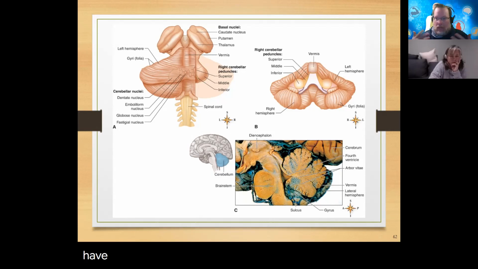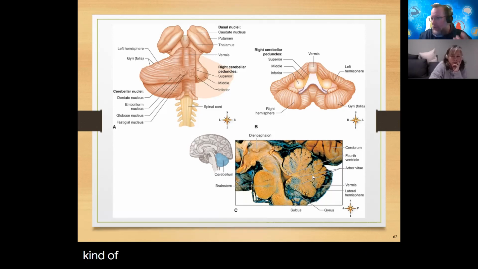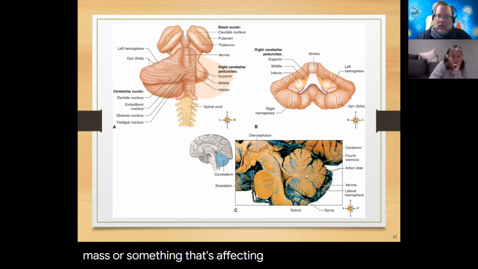That's where a lot of our balance is, but motor coordination is centered in the cerebellum. We could have a mass or something that's affecting some of the cells of the cerebellum. Therefore, they're affecting motor coordination or muscle coordination and control.